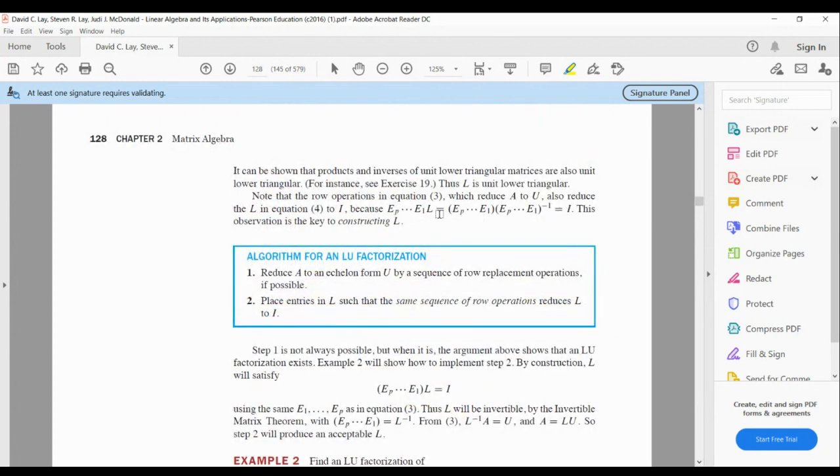Now, I'm going to the next page. Why is this important? Because here's sort of the key sentence.